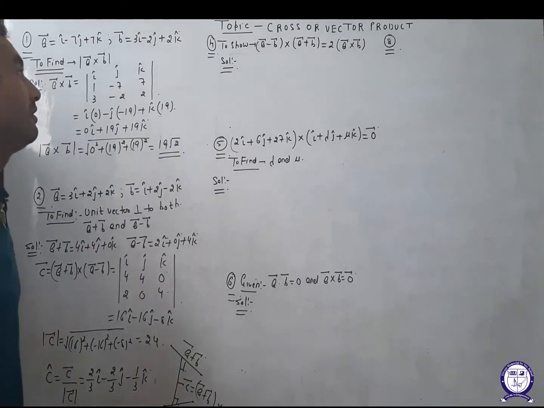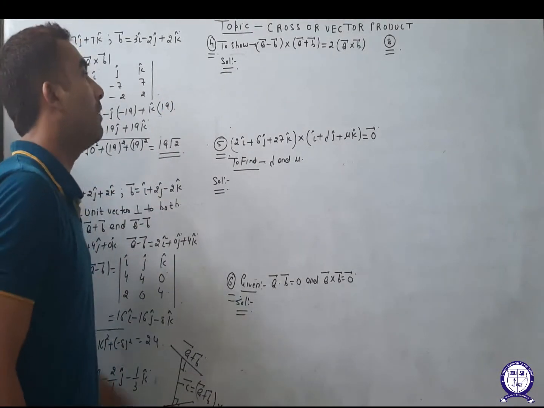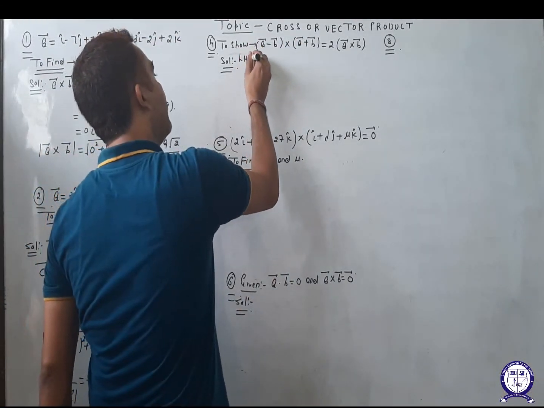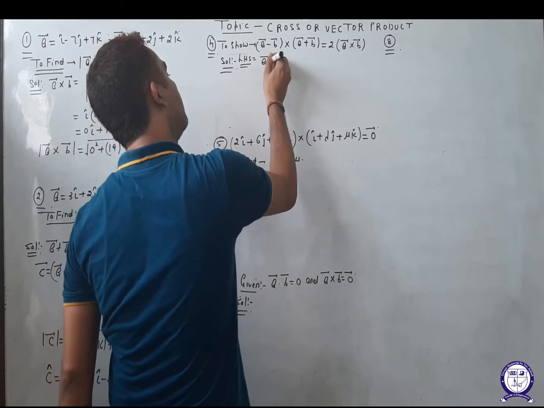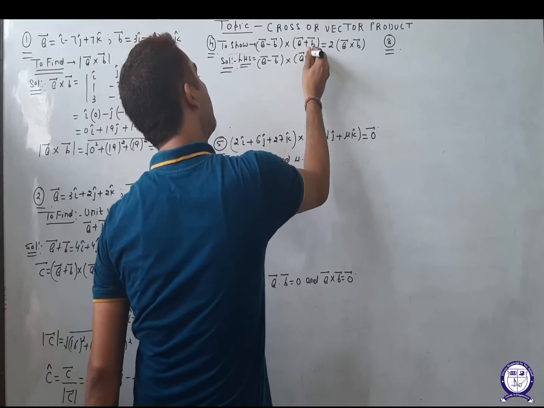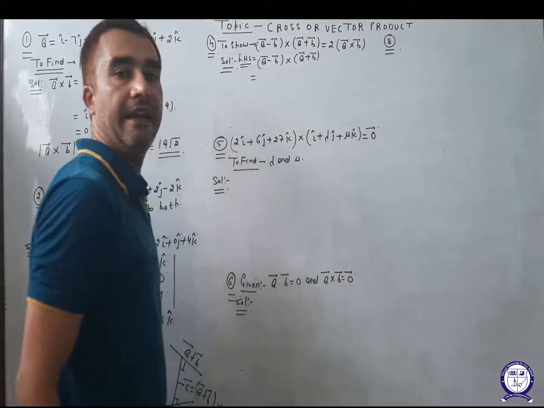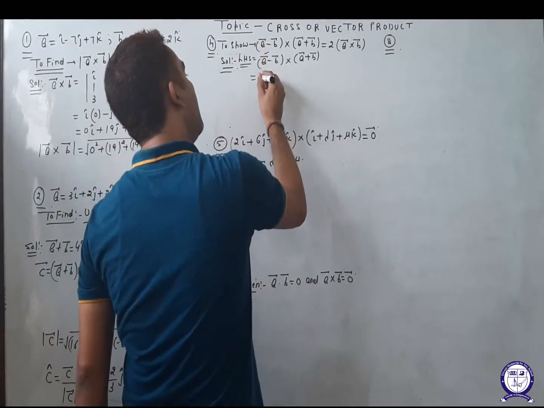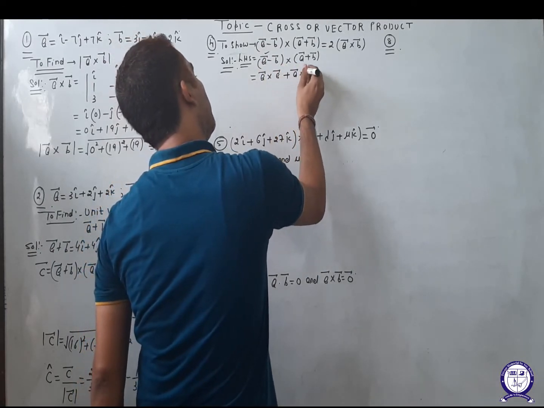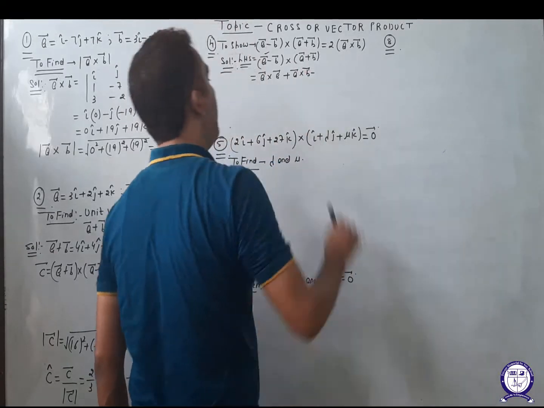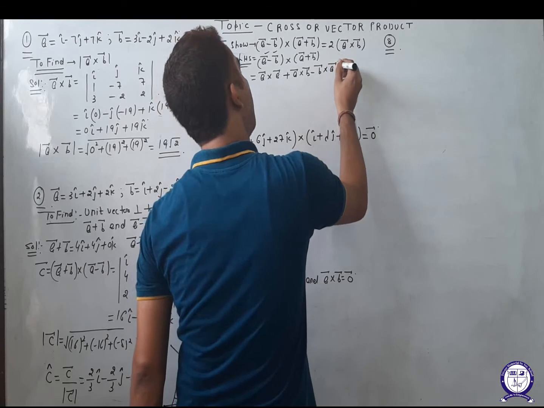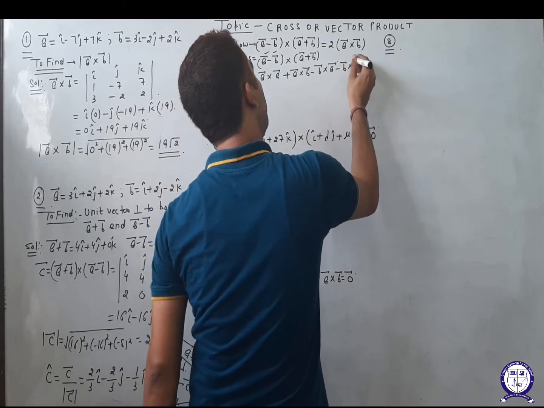Application of your cross. Now, here is the fourth question. The question is that we have to show it is equal to so much. So, let's start with LHS. Just open the brackets. A vector cross A vector plus A vector cross B vector minus, now with B vector cross A vector minus B vector cross B vector.